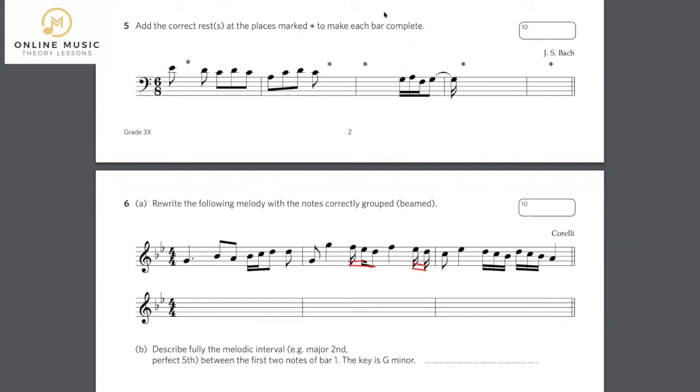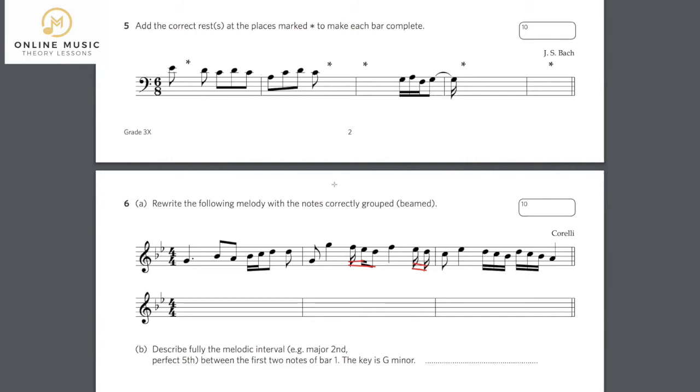Let me just show you where they're trying to catch you out. Normally you would beam the quaver into the two semi-quavers there, but because there's a bar line, you don't do that. Question B: describe fully the melodic interval, e.g., major, second, perfect, fifth, between the first two notes of bar 1.